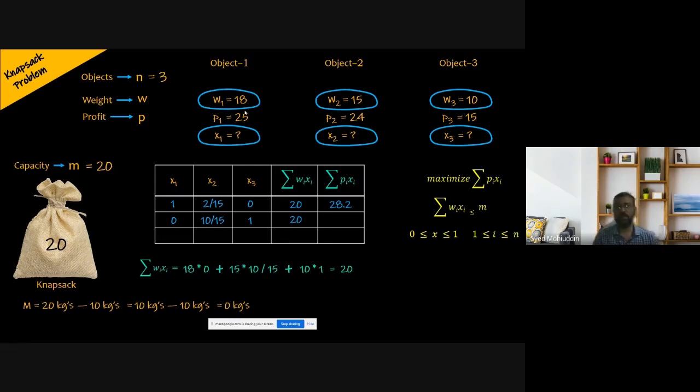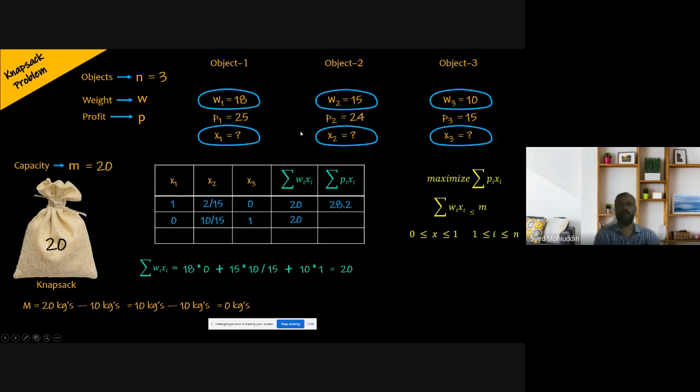When we do that, we will have the same first row, because object 1 has higher profit, object 2 next, object 3 the last. So this is nothing but same as taking objects by weights, because in this case weights and profits are increasing.